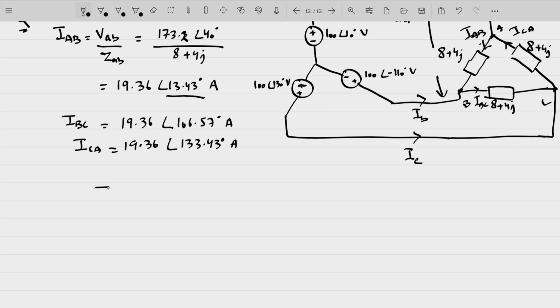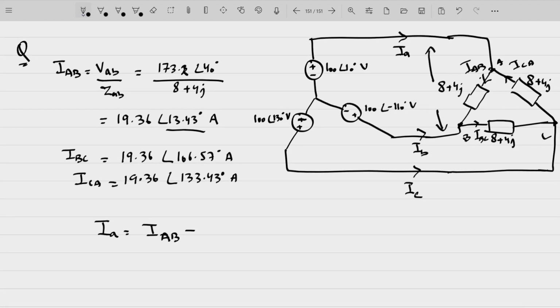Now we need to find out IA. At this particular node, at node A, applying the KCL, IA plus ICA is equal to IAB, or in other words, IAB minus ICA is equal to IA.